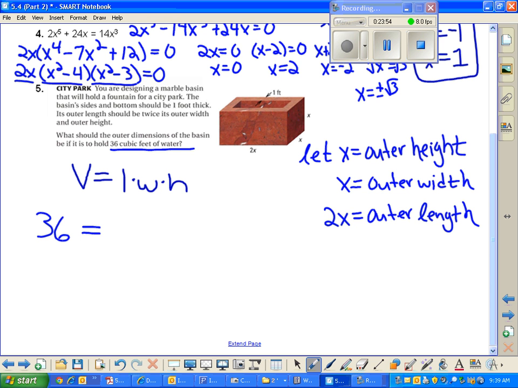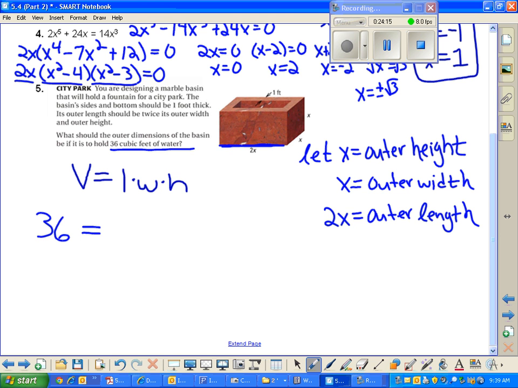It does say that each wall is a foot thick. So we need to modify our original length, width, and height. So I'll do the length. You folks are going to help me with the width and the height, okay? So if I want to look at this new length, see here I'm tracing out the 2x.